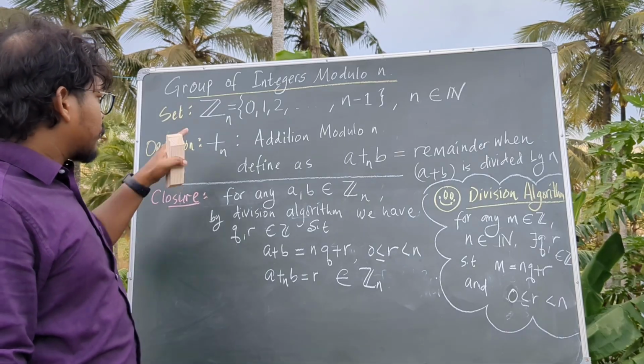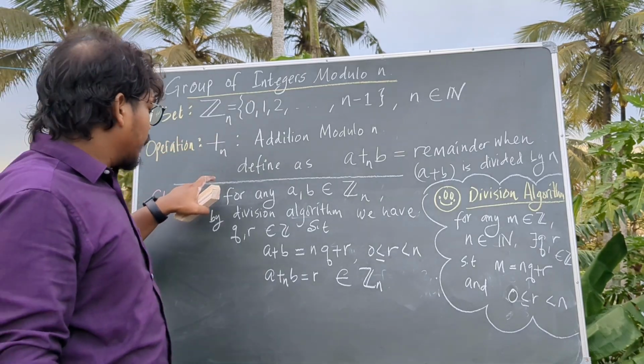Therefore, the set under addition modulo n is closed.